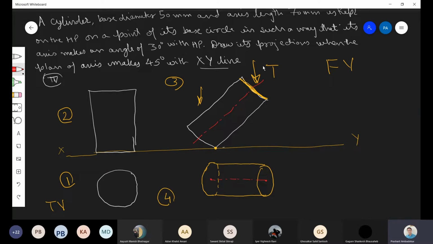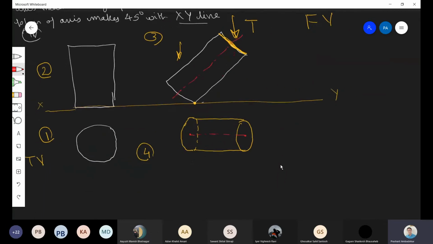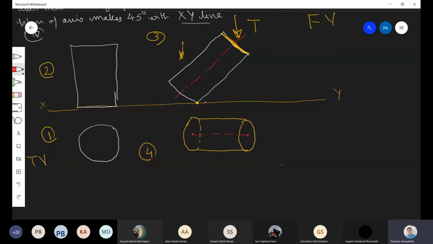Now understand, here VP is not written, they have written plan, plan matlab top view. So this entire ellipse has to be drawn how? In such a way that this axis will make what angle? This axis will make 45 degree angle. Sir, 45 ना? Oh, sorry, 45 है, 30 था पहले, 45. So what will we do now?